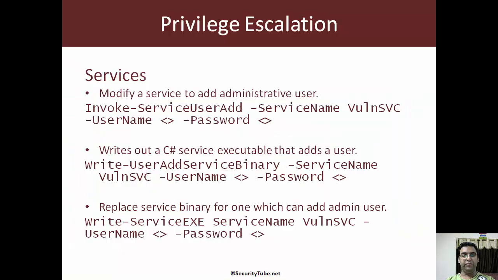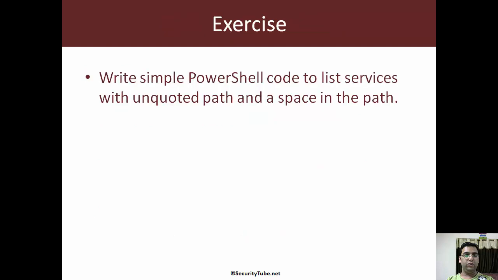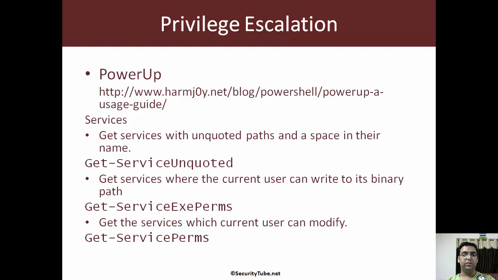Meanwhile, as the machine reboots, let's move on to the exercise. The exercise is to write a simple PowerShell script or code to list all those services which have an unquoted path and there is a space in the path. That is, do it by yourself.